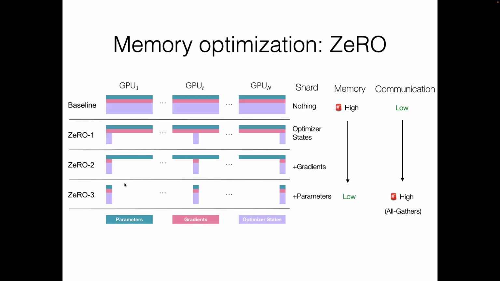So you're doing these all-gathers to have the full parameters for a subset of the model at a given time. It gets very expensive in terms of communication. On the other hand, the benefit is huge memory savings.